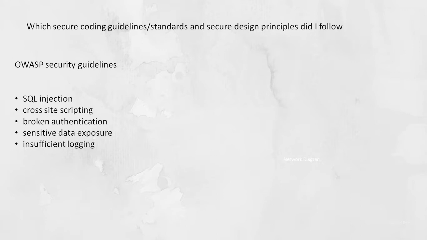More specifically, I have considered the OWASP Top 10 vulnerabilities report in order to secure my web application. According to the current list of OWASP Top 10 security risks, I have implemented security solutions against a few of them, such as SQL injection, cross-site scripting, broken authentication, sensitive data exposure, and insufficient logging.